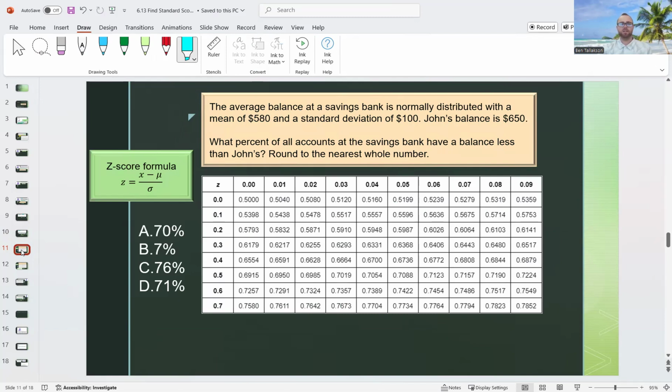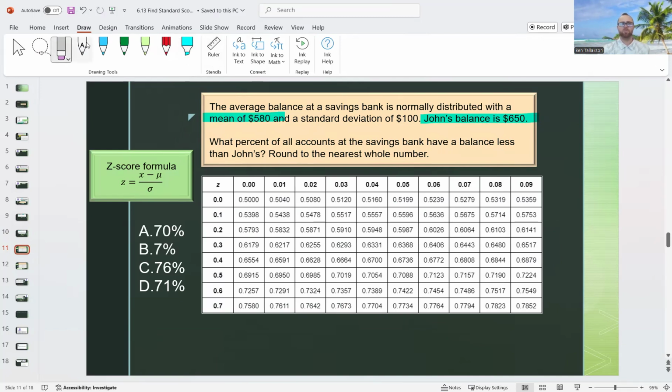Talking about money a little bit. The average balance at a savings bank is normally distributed with a mean of 580. Very low average, wouldn't you say? And a standard deviation of $100. John's balance is 680. Well, good for John. It's not a bunch of money, but at least it's better than the average.